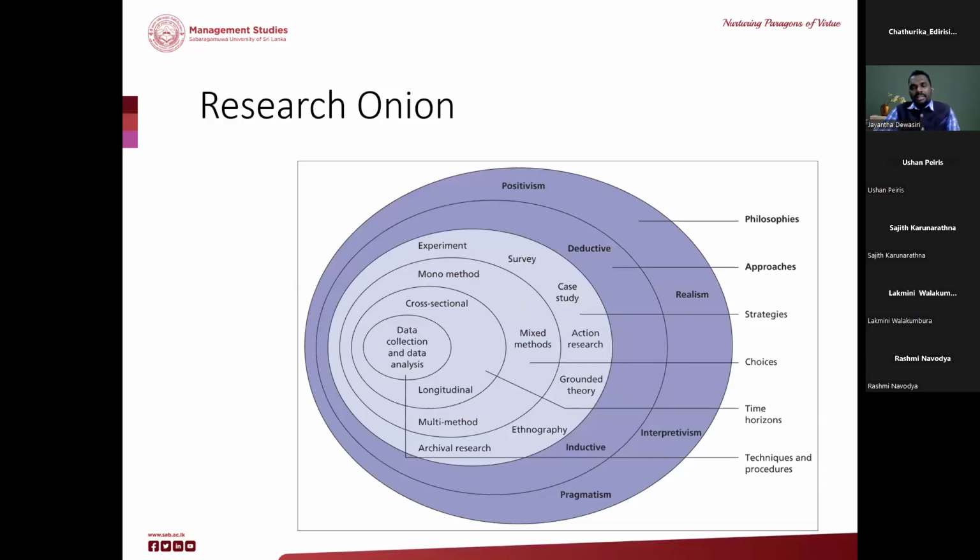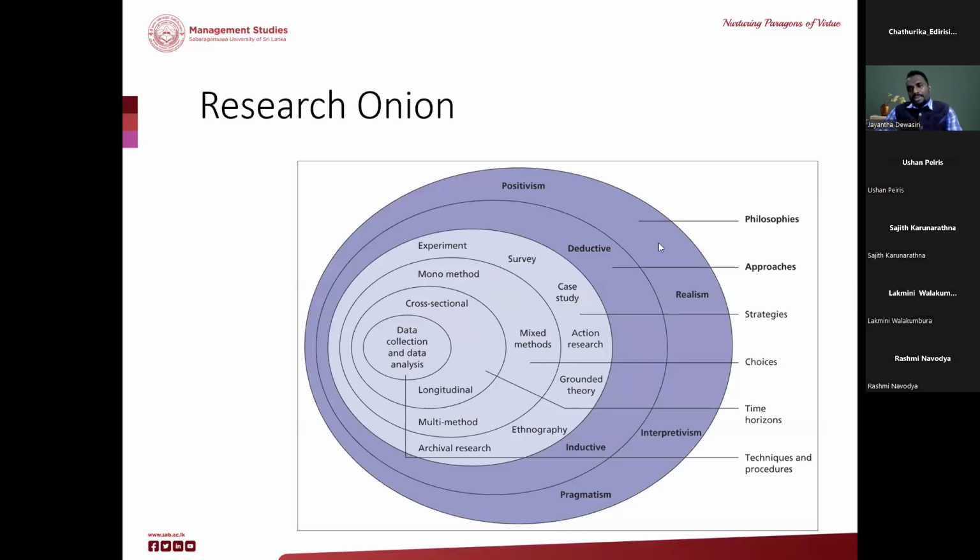Starting from the outer layer, you can see the philosophies here. The next layer is devoted to the approaches, the next layer is for research strategies, which we call research design as well. Then we have the research choices, then the time horizon, then the data collection and analysis.